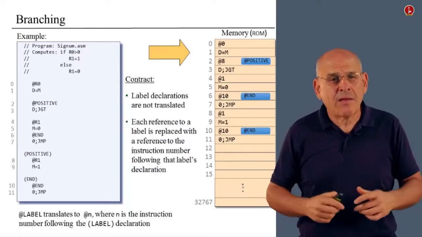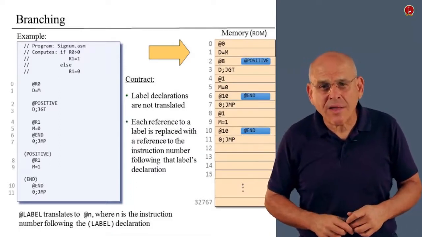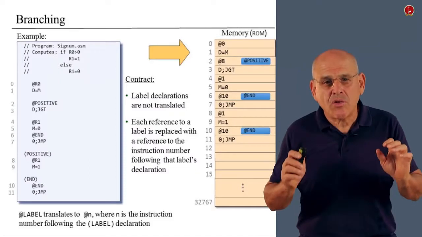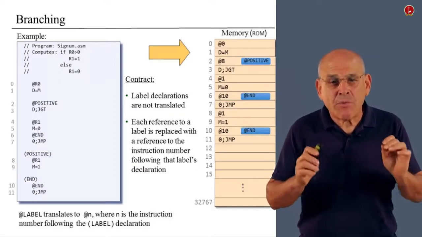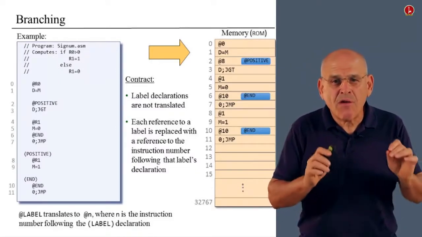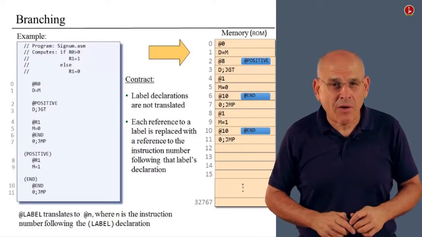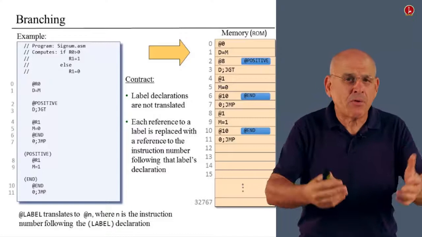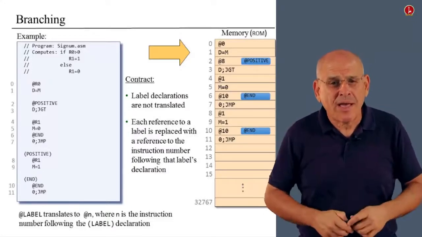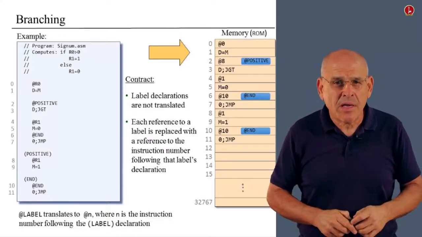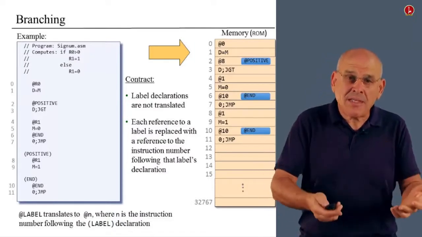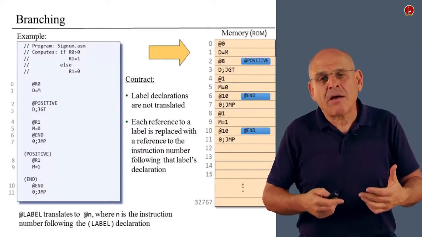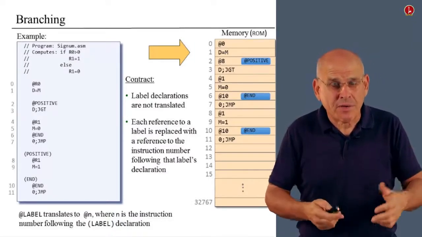So the second part of our contract is that each reference to a label is replaced with a reference to the instruction number following that label's declaration. So once we keep this in mind, we can happily invent and use as many labels as we want in our program. And then we can use these labels to affect the notion of branching.